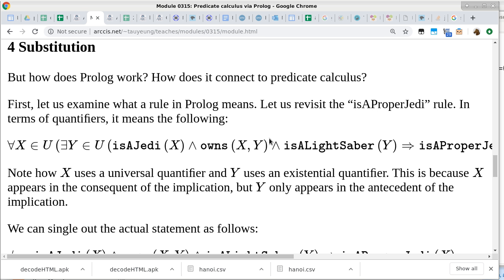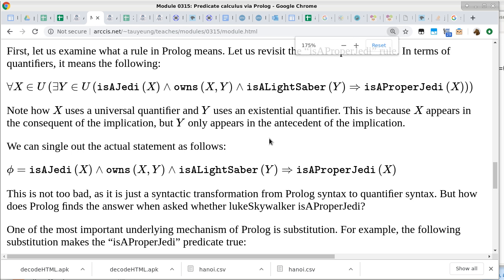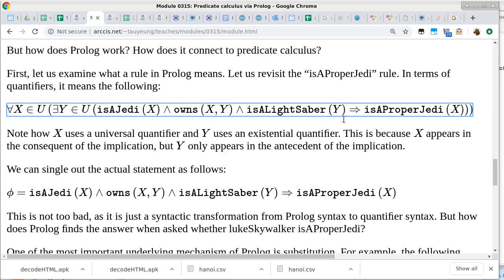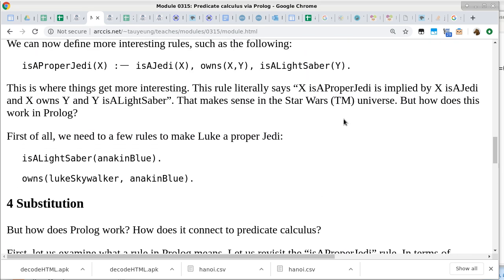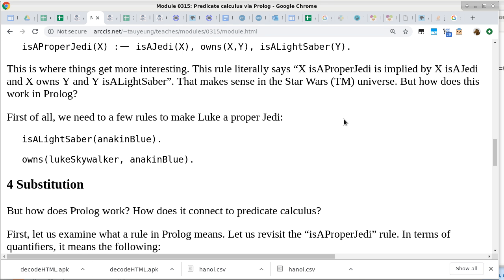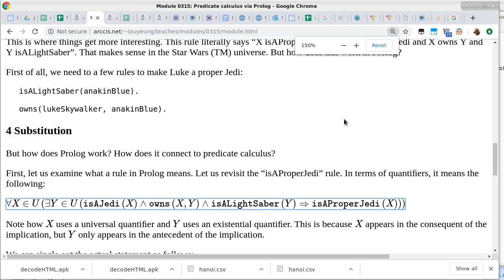So the first thing we do is rewrite that rule that we presented earlier in terms that we are more familiar with. So let me zoom out a little bit so you can actually see the entire thing. There we go. So I'm just going to click on it and basically point out how this is expressing. Oh, I can't display both at the same time, can I? I have to zoom out one more time to do it.